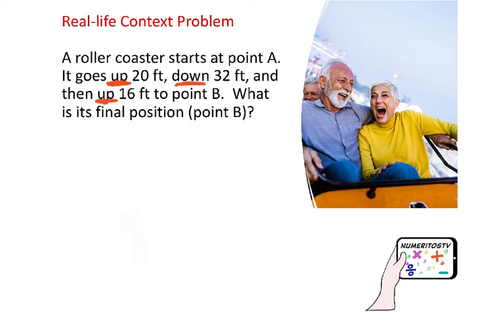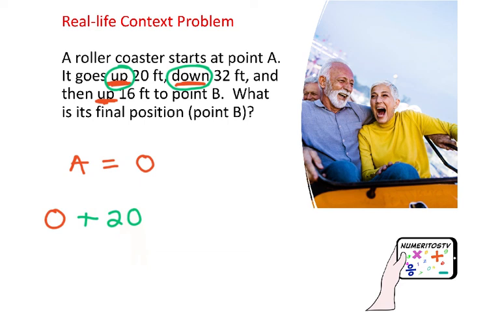So let's try to write a mathematical sentence. So it starts at a certain point A, right? So A can be considered our zero, right? Then from zero it goes up. Up means something positive, right? So you can add 20, then is going down.